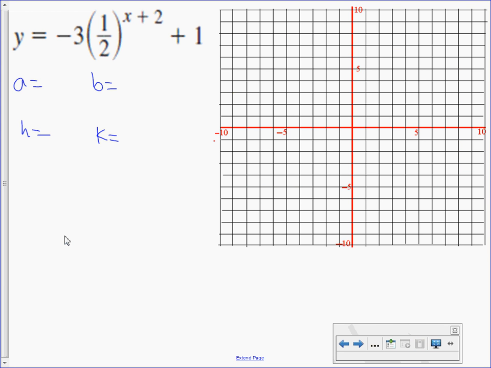A is -3, b is 1/2. What's your h value? -2. -2, very good. And your k value? 1. So you go to graph your parent function at y equals -3 times 1/2 to the x. We graph that one first to get your generic points, and then you're going to shift everything left 2 and up 1.